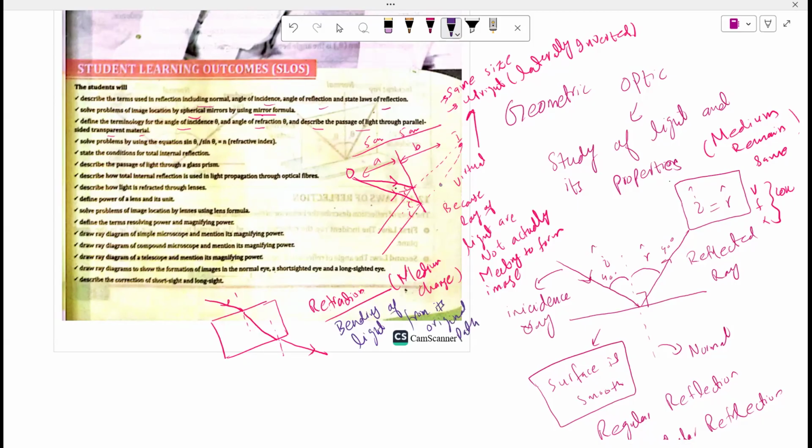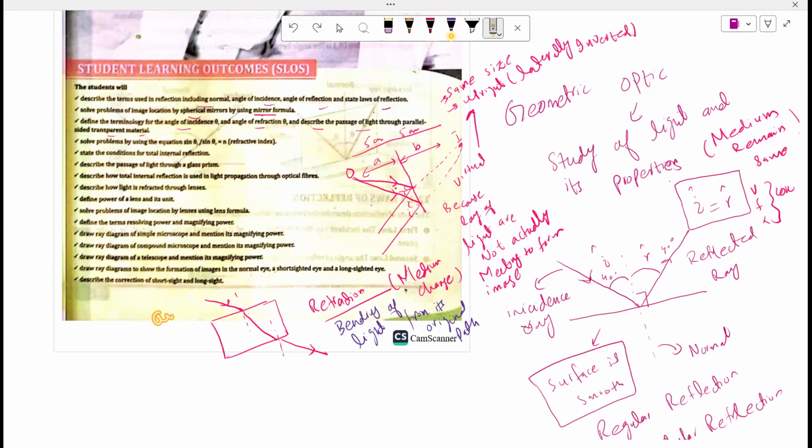path. Here we could see if this medium was not present, the light was supposed to go like this, but it bent like this. This would have been the straight path of the light, but due to the difference of medium, it bent towards the normal.